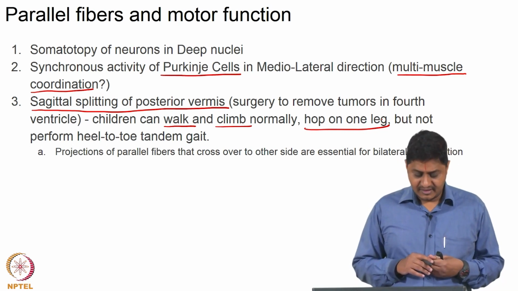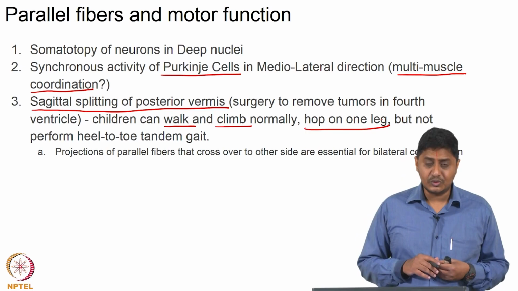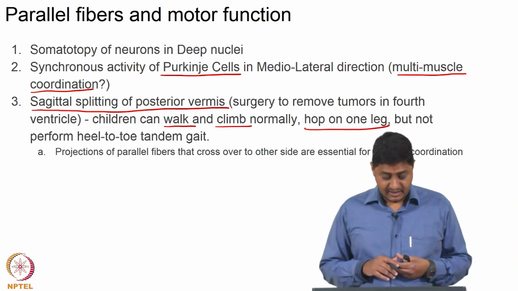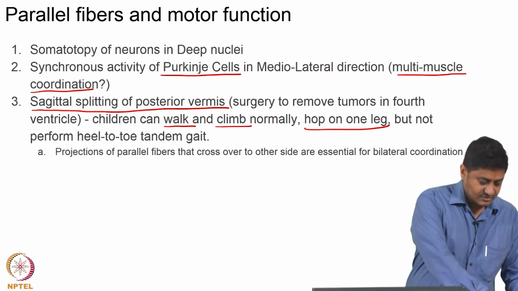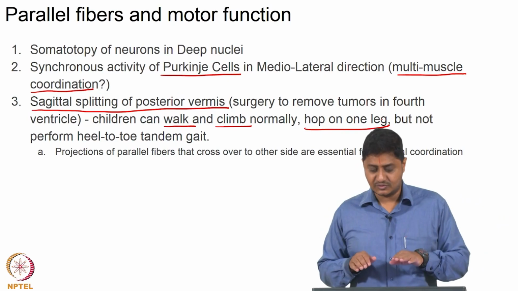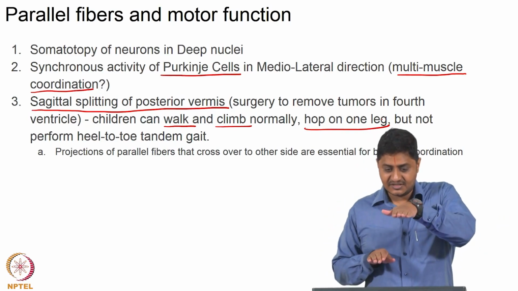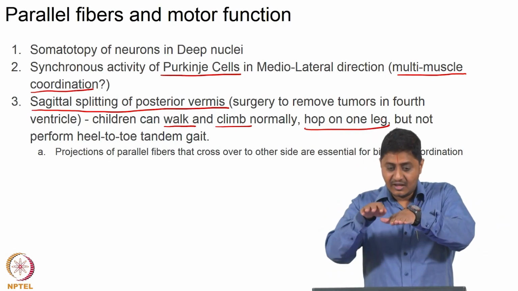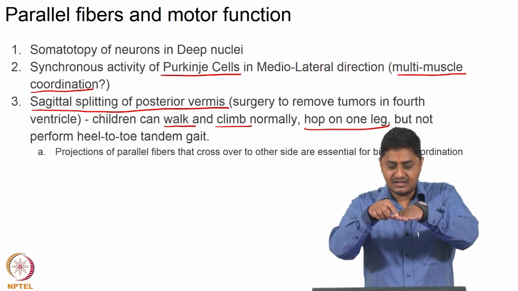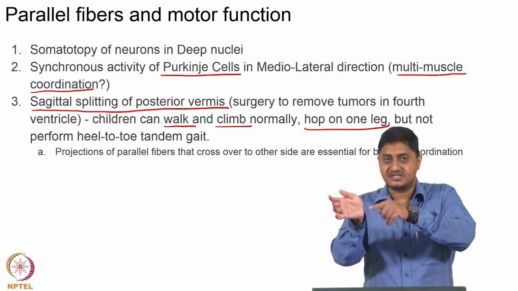But when you ask them to perform heel to toe tandem gait, so what is this? Let us consider this situation. Suppose my two hands are the two legs, the first leg is placed here, then the second leg, and suppose this is the toe of the first leg and the wrist is the heel.